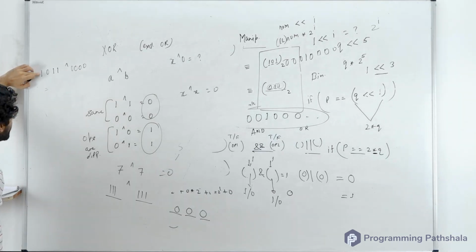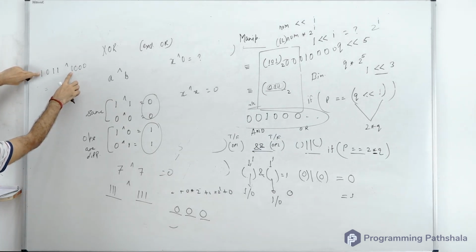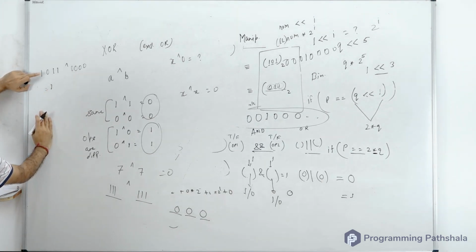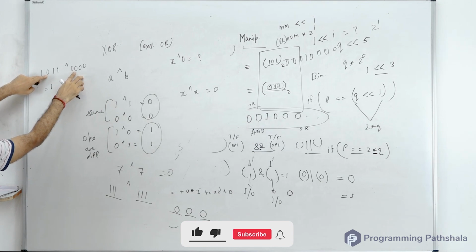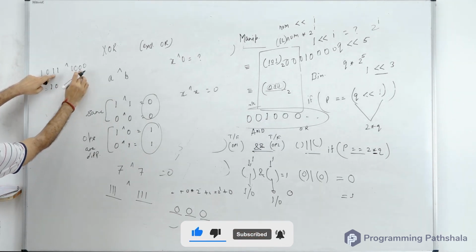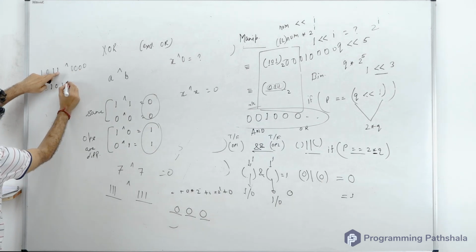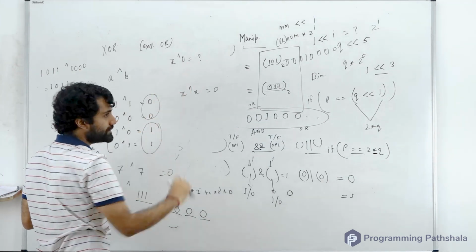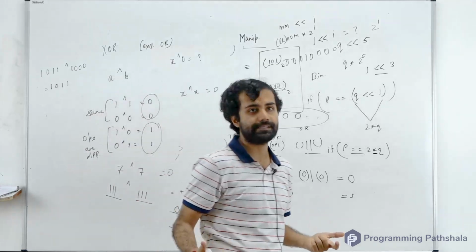Now, if there was a 1 over here, then there is a 0 over the other, so the result would be 1. And if there is a 0 here, there is a 0 over there, so the result will also be 0. So if you take XOR of a number with 0, the result will be that number itself.